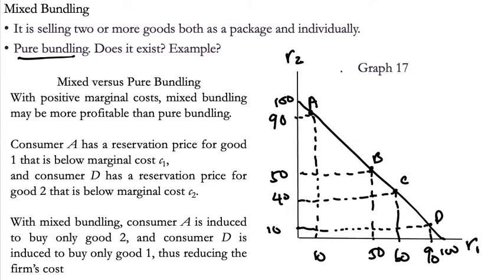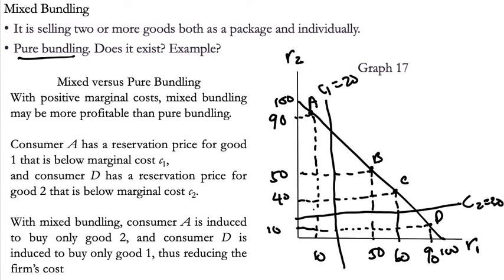Let's say the marginal cost of producing good 1 is 20 and it is constant. So here I just want to make a boundary: C1, 20. Let's say the marginal cost of producing good 2 is 30. C2, 30. So they are constant.